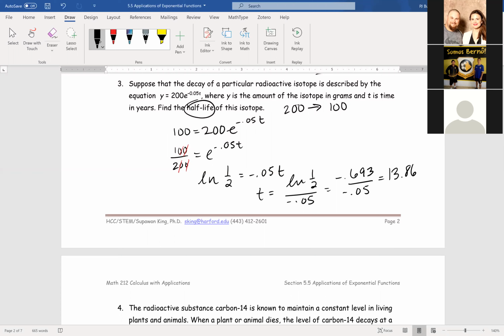That quantity is years. Takes about 13.86 years for half of that isotope to decay.